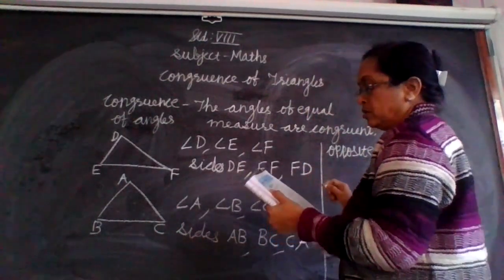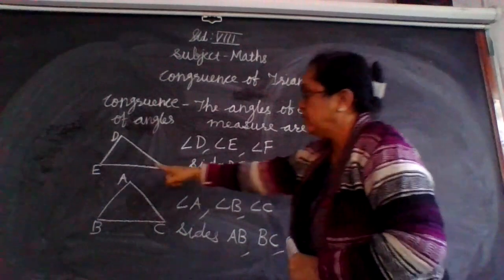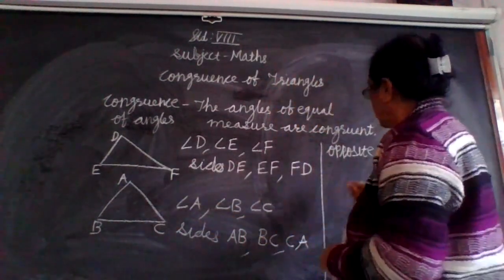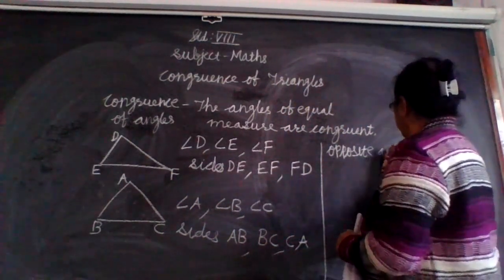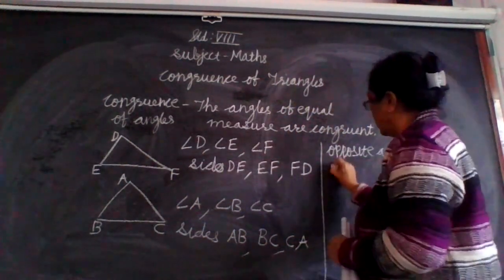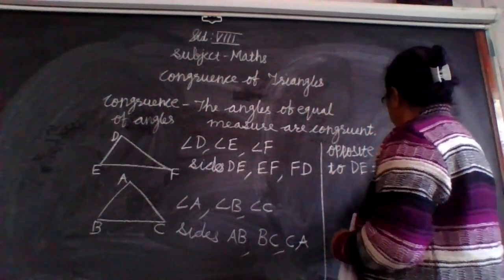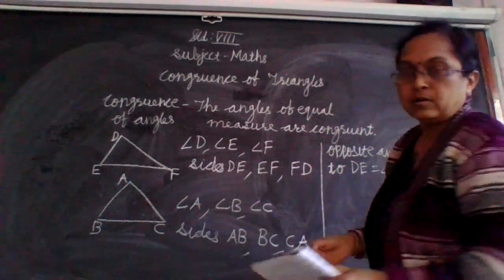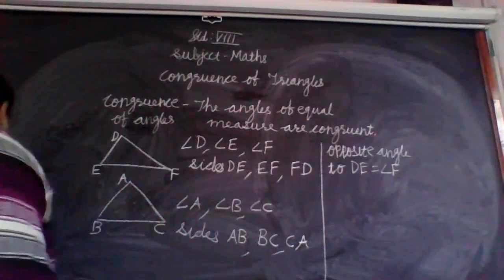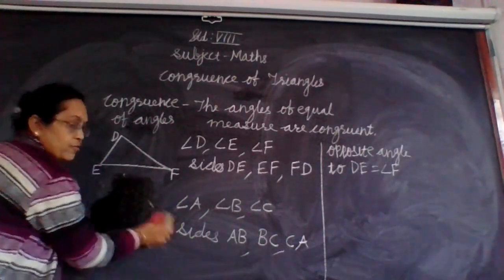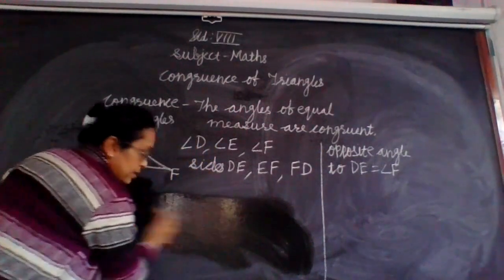Now the first question is, which is the angle opposite to the side DE in this figure? So the angle opposite to DE is angle F. For only one figure we will see, and let us understand the terms.